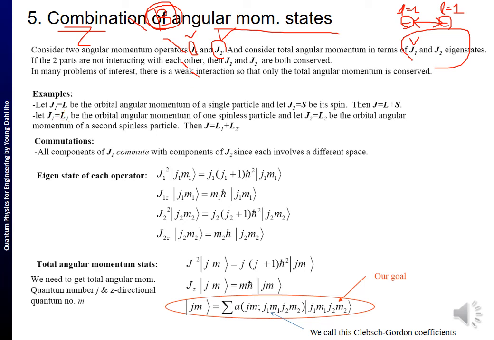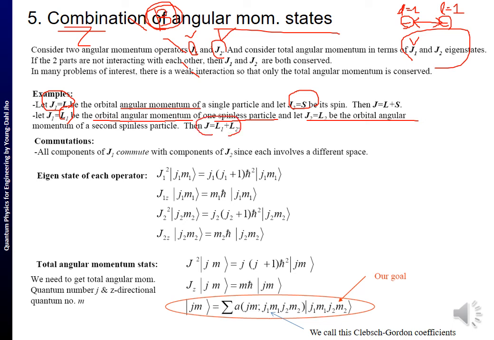That's what I'm talking about here. J1 could be L, J2 could be spin. J1 could be L1, the orbital angular momentum of one spinless particle, and J2 could be L2, the orbital angular momentum of a second spinless particle.